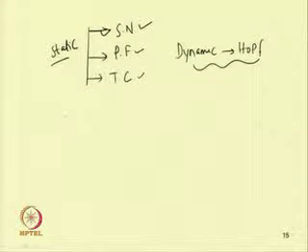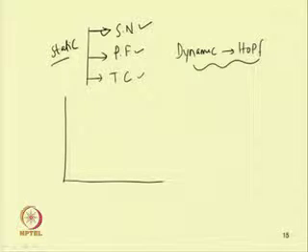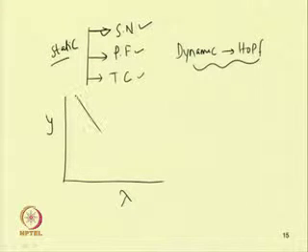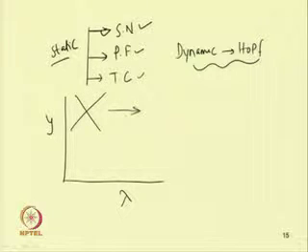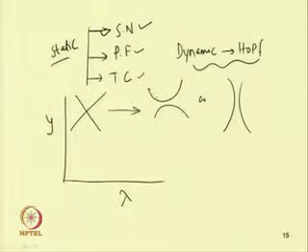But for the other type of bifurcation, let us take y versus lambda, where lambda is the bifurcation parameter. If we have a transcritical type of bifurcation, it may happen that while we change this parameter lambda slightly, the curve, instead of remaining transcritical, may become like this or like this.